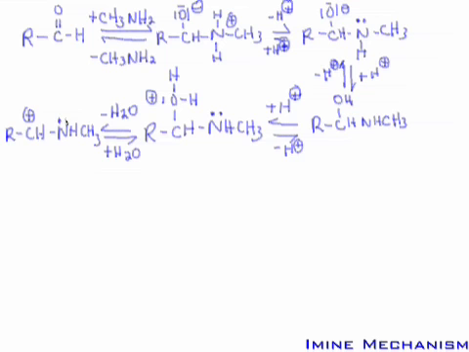Now I can draw a resonance contributor where I dump in those two electrons from the nitrogen, and I make an RCH double bond N, and we have a H and a CH3. And the positive charge is now on nitrogen.